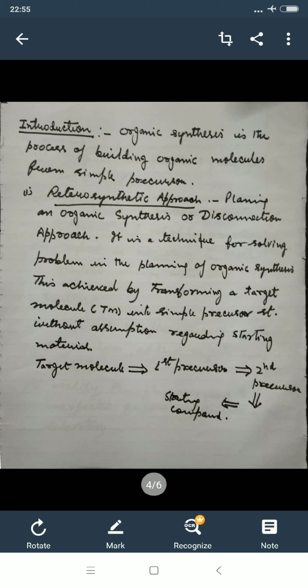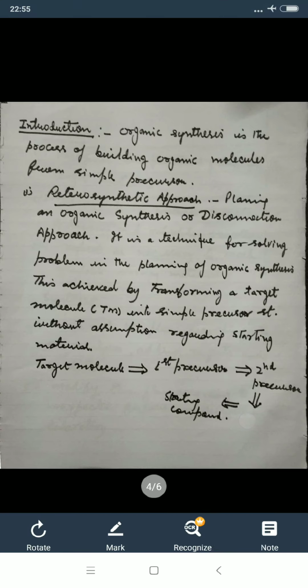So target molecule is first converted into the first precursor, which will be converted into the second precursor, then two steps, and then the starting compound. And you can see here we use the open arrow mark. That is a hypothetical one, and we consider that we can approach through this retrosynthetic for the formation of organic compounds.